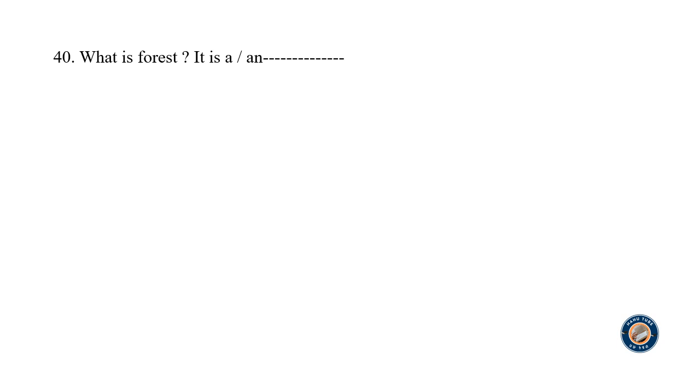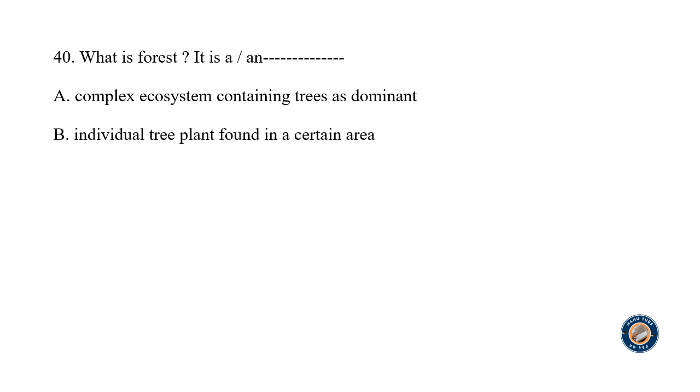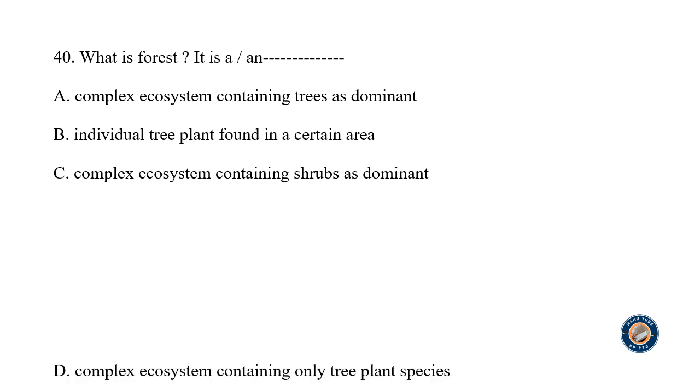Question number 40. What is forest? A. It's a complex ecosystem containing trees as dominant. B. Individual tree plant found in a certain area. C. Complex ecosystem containing shrubs as dominant.